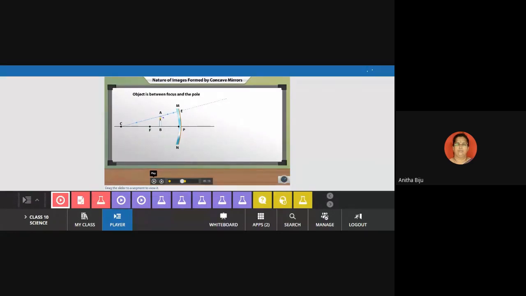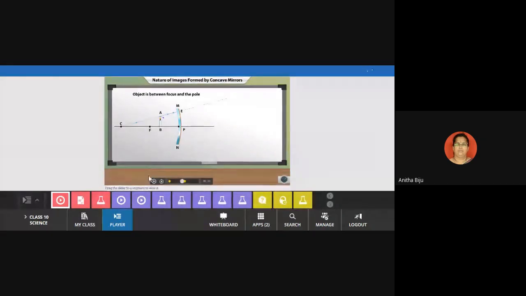Now what will happen? Again, the rule is the same. Here we are using the first ray, the ray which is moving through the center of curvature. After reflection, it takes the same path.